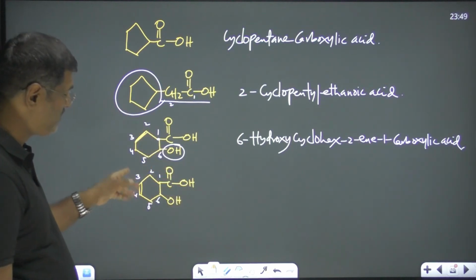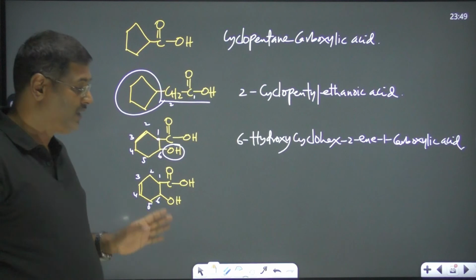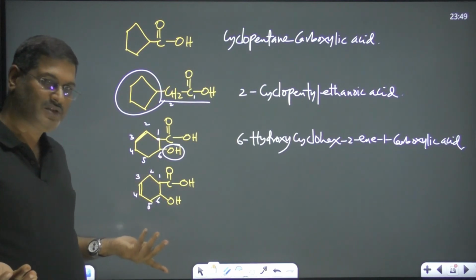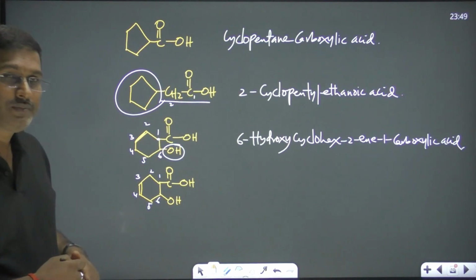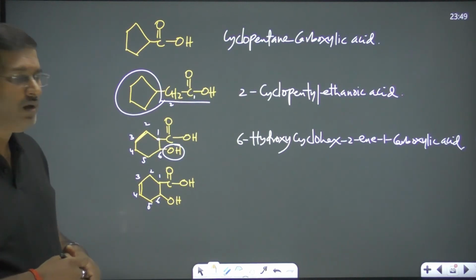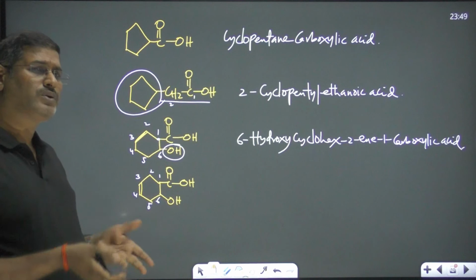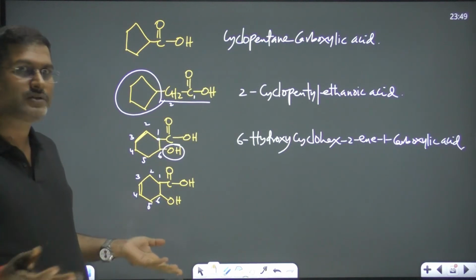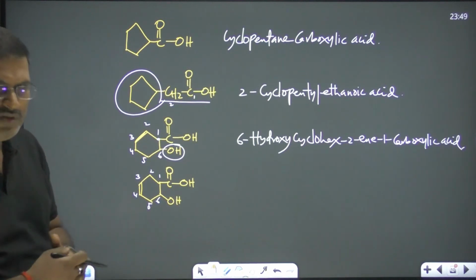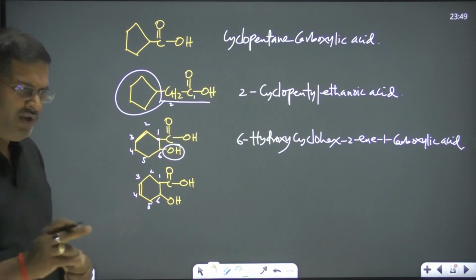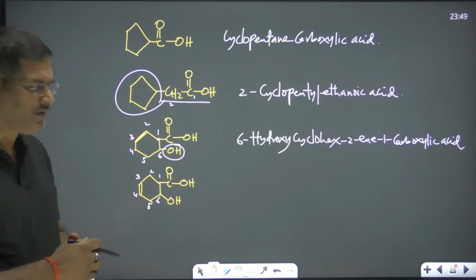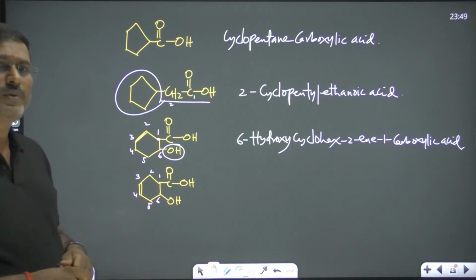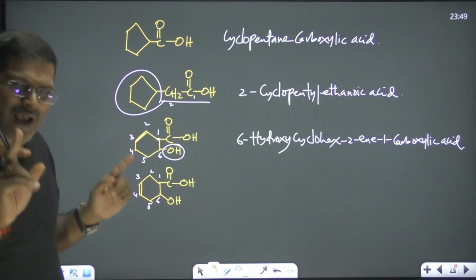If we come this way, the double bond is getting the third position. The position of the COOH group is fixed, but we cannot keep this double bond far. If from this side also the same position, and that side also the same position, then let's give respect to these substituents. But if any difference is created, then we have to choose one, and certainly we favor the double bond. We have to.